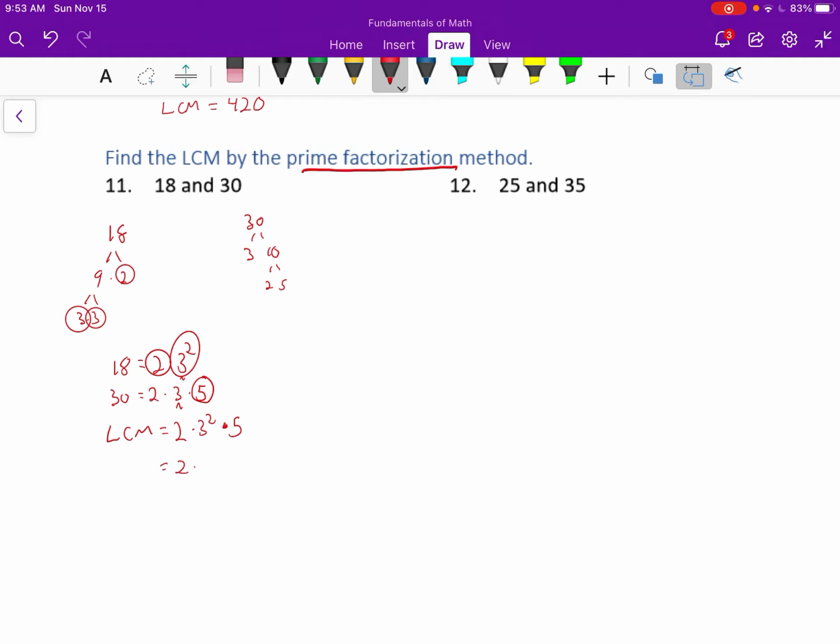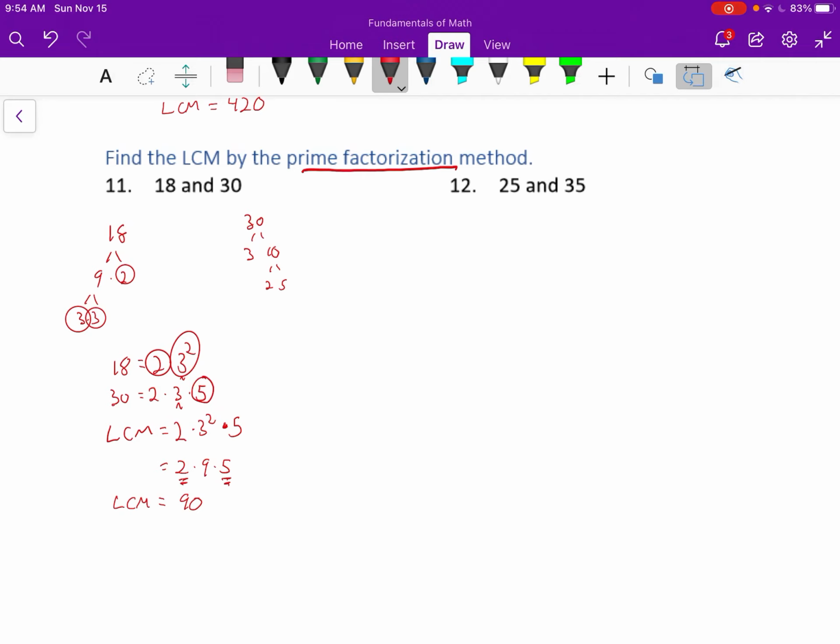Well, this is 2 times 3 squared is 9 times 5. I'm going to remember that I can multiply in any order. It will just help with my multiplication. So 2 times 5 is 10, and then 10 times 9 is 90. So our least common multiple of 18 and 30 is 90.